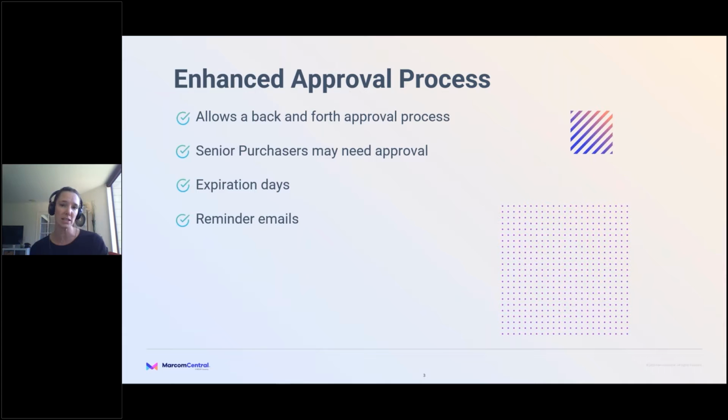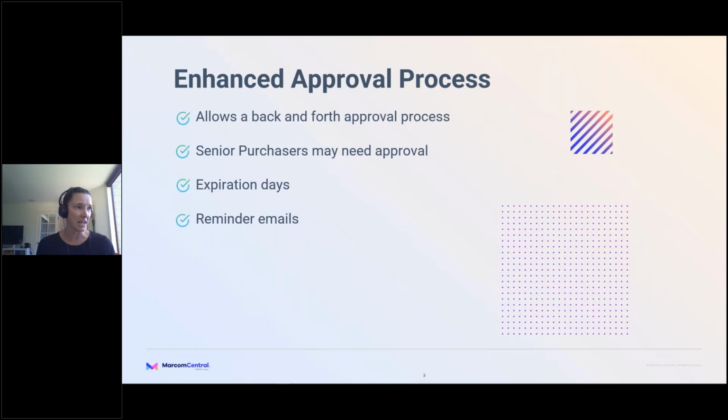So the regular process, what it does is if an order is denied, then that purchaser will have to start all over again. The enhanced process allows it to go back and forth in emails until it's completely approved, like I said, or canceled, basically. So this gives the ability for the senior purchasers to need approval for certain items.